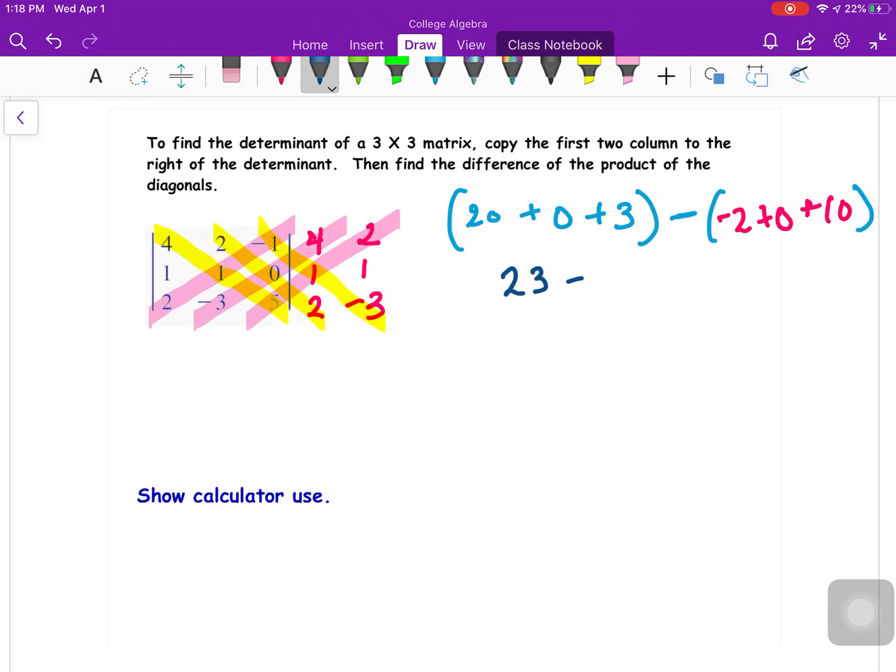So I end up with 23 minus 8, which is 15. I have a separate video to show you the calculator use and how to get a determinant. So you'll just have to check that video out as well.